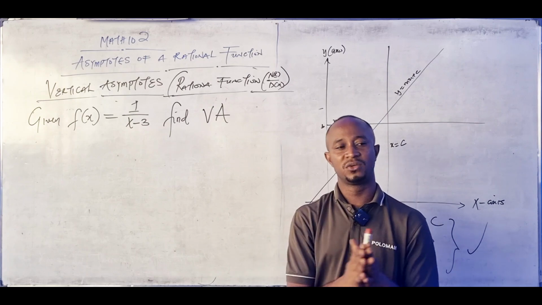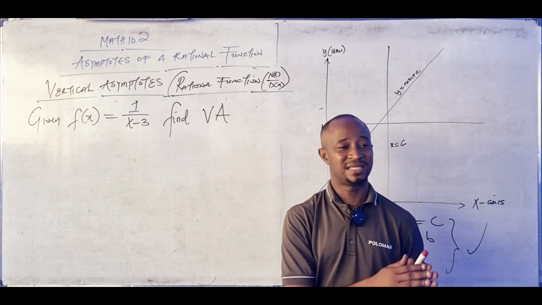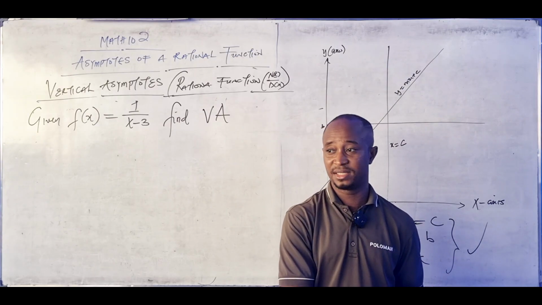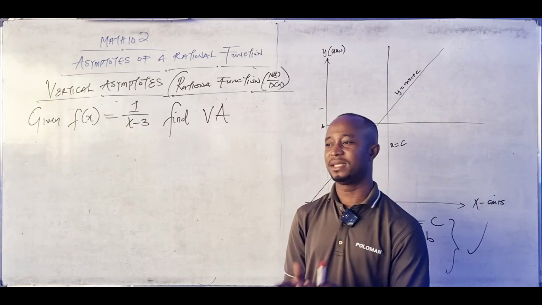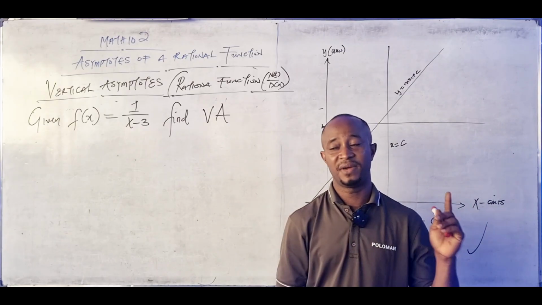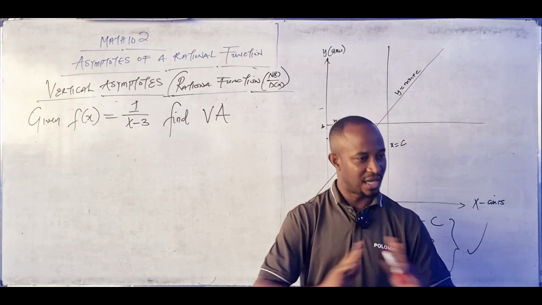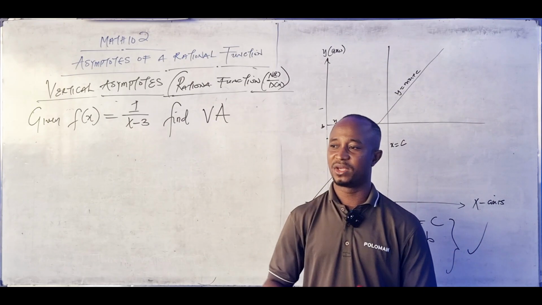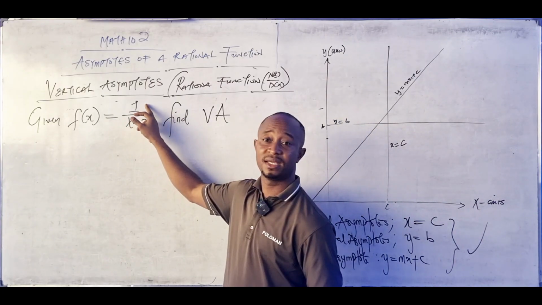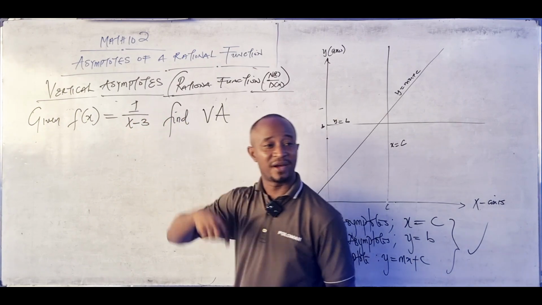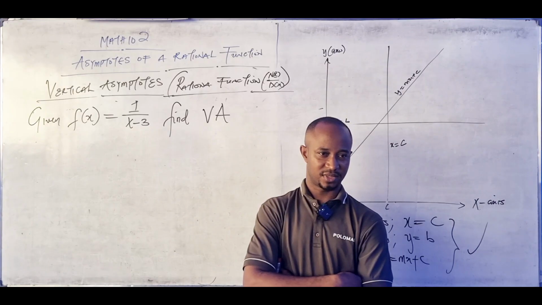But from the first rule I gave, I said we have to find the root of the denominator by setting D(x) equals 0, and also find the root of the numerator by setting N(x) equals 0. Then if they are equal, no vertical asymptote. But if they are not equal, there is a vertical asymptote. But for this function, we don't have a polynomial in the numerator, so no need of finding the numerator root. Do you get the concept here?